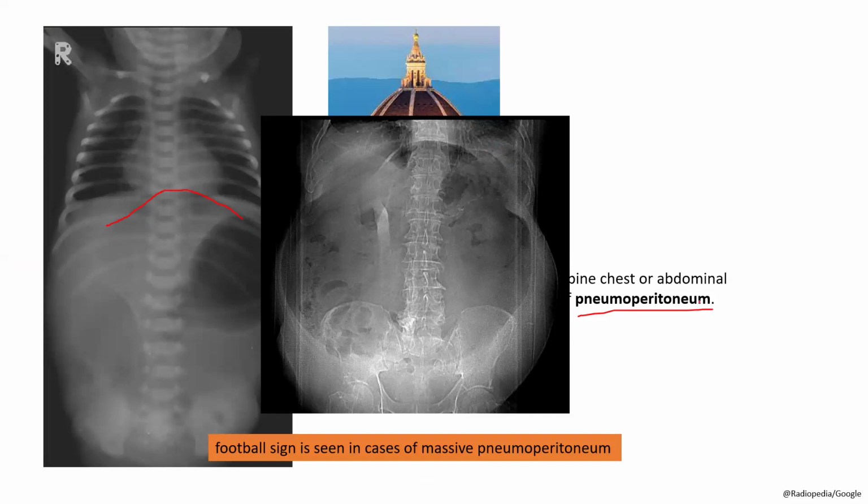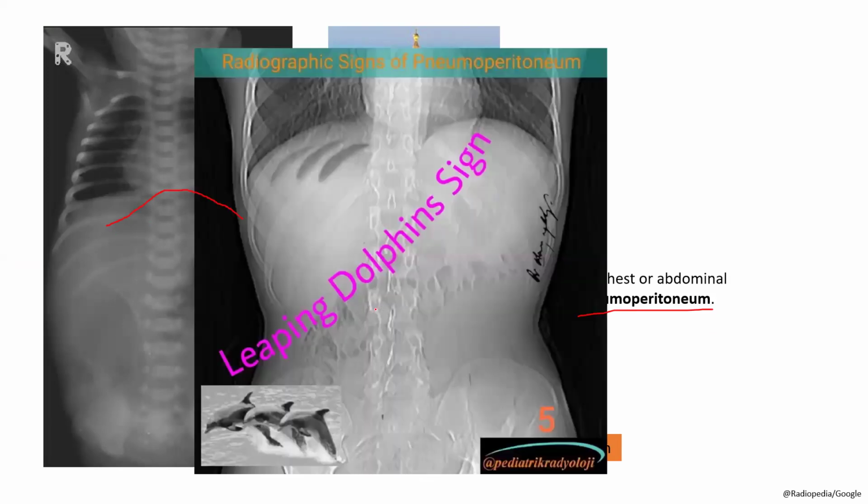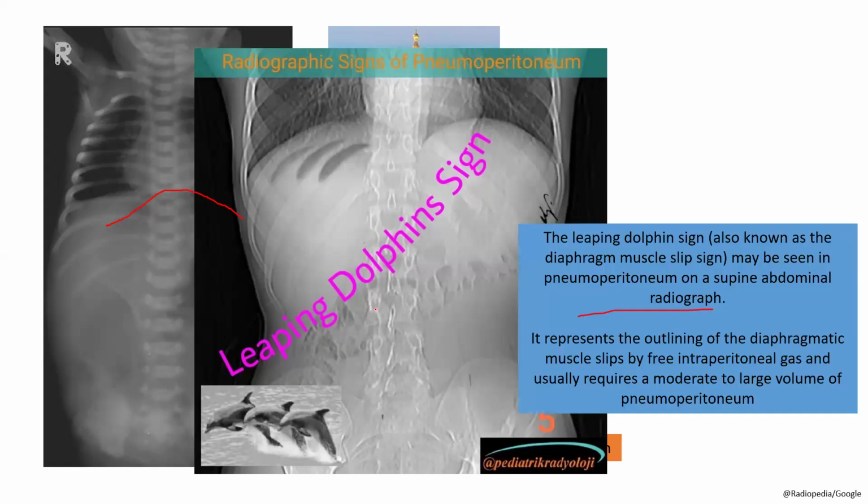So you can see presence of a large amount of air in the abdomen, giving a football appearance. In pneumoperitoneum, we can also see leaping dolphin sign. Here you can see presence of air between the slips of the diaphragm, and it indicates leaping dolphin sign. This is indicative of pneumoperitoneum on a supine abdominal radiograph.